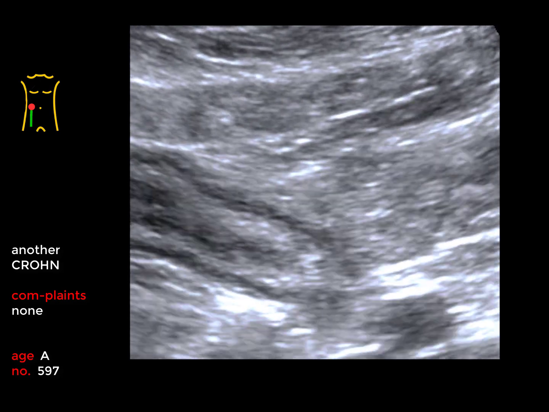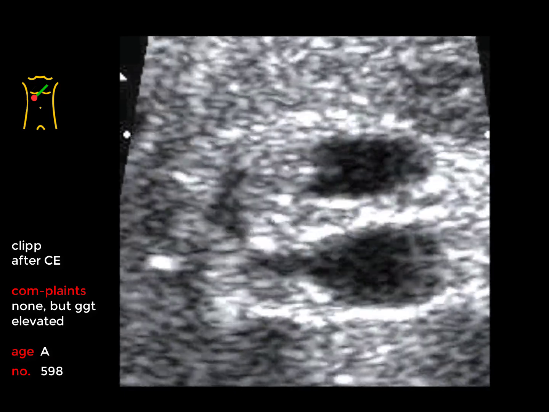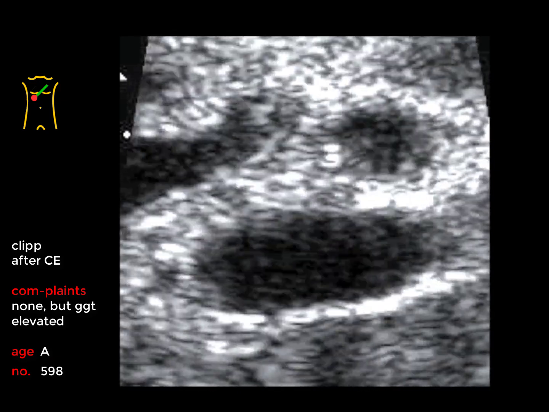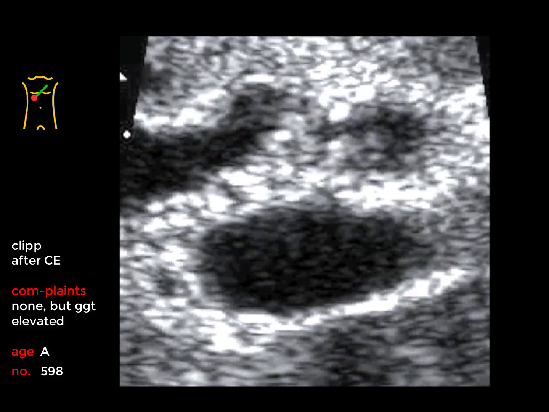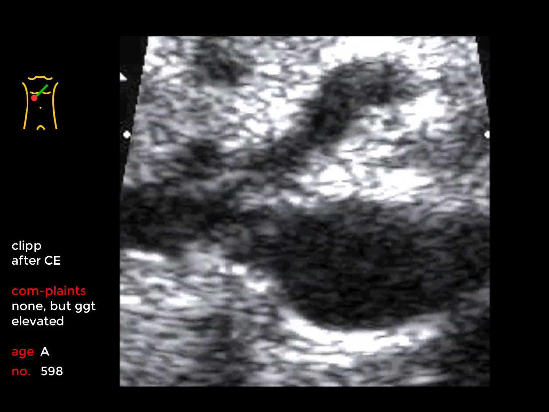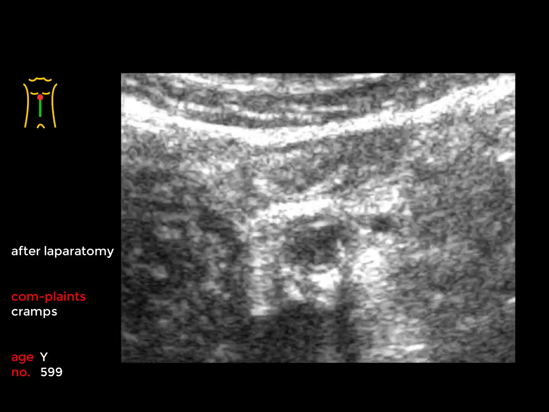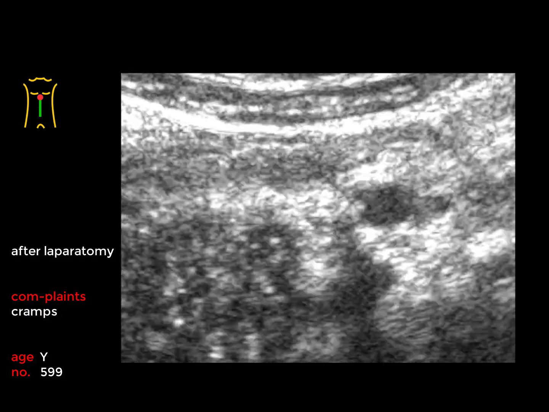Note here in 598 specifically how detailed surgical errors of performance can be featured by echography. Endoscopic treatment was successful. This thickening of the loop walls in case 599 was not due to IBD.